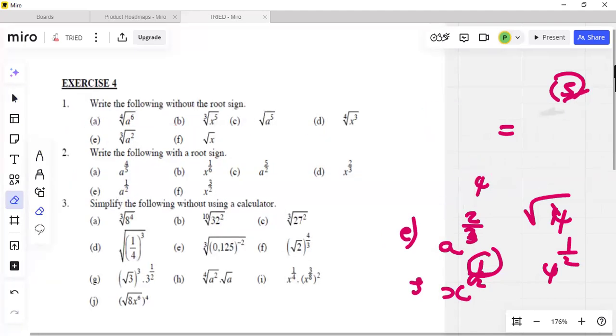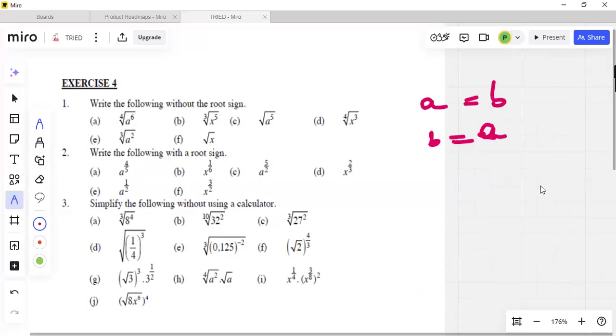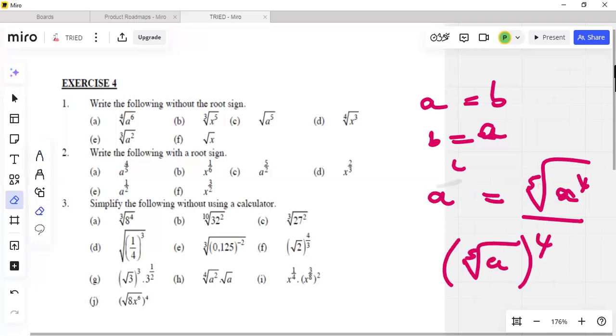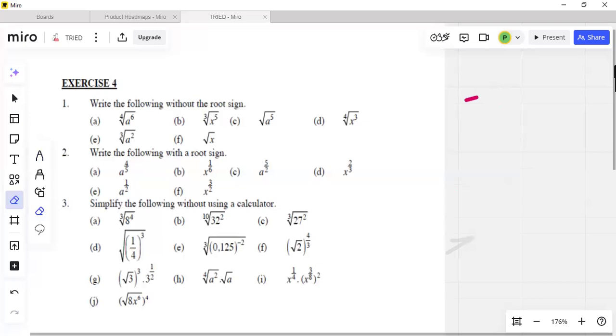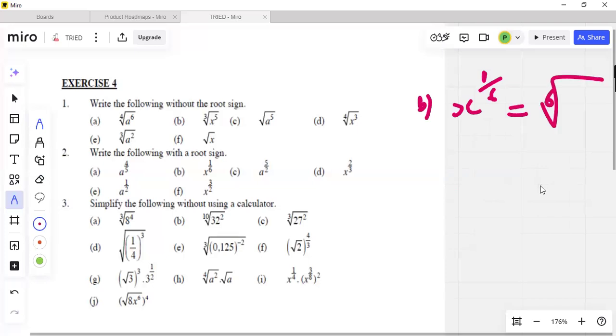The question now is the reverse. We are just changing from the exponential form to the surd form. So let's look at b. B is saying x exponent of 1 over 6, which is the same as the 6th root of x exponent of 1, which is the same as the 6th root of x, right?